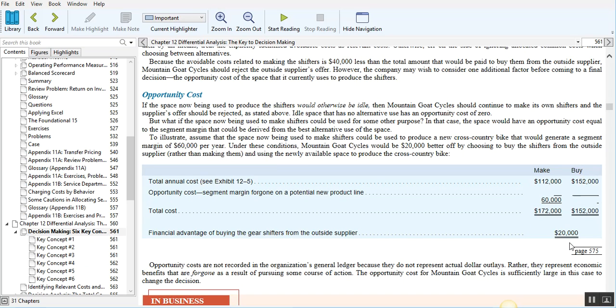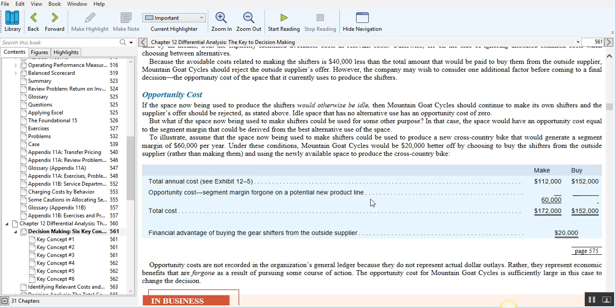And I mentioned opportunity cost earlier, and the opportunity cost, if you give up a product line or if you give up a certain process or item, you may have some opportunity costs that you give up. And here, when they decide to purchase these items, they're going to calculate the cost of making them, but they're going to look at opportunity costs associated with giving up a potential new product line.